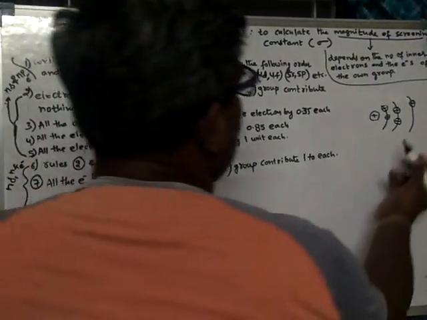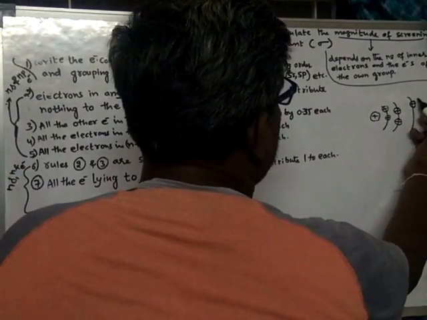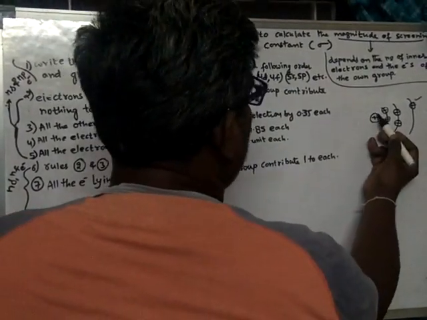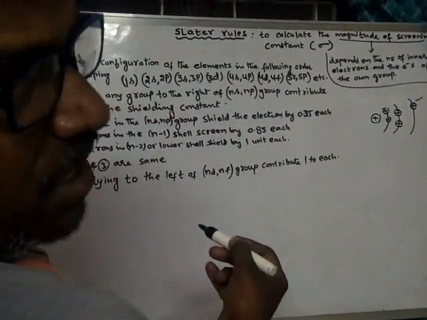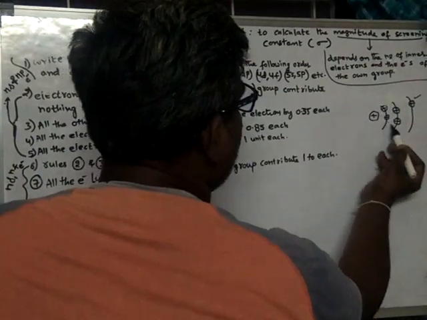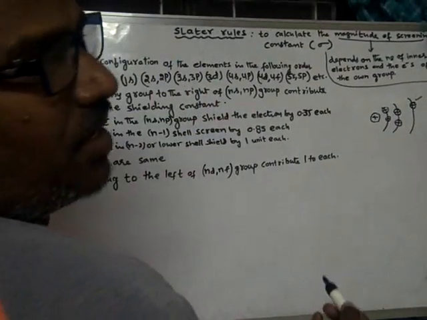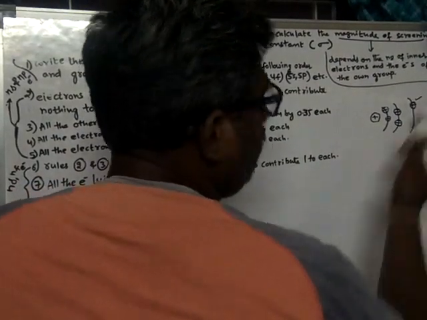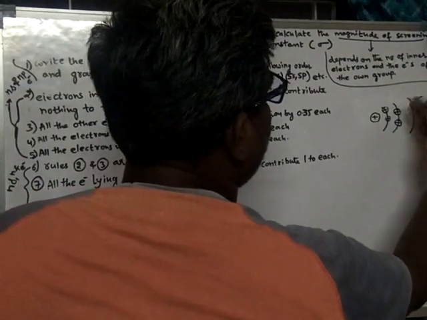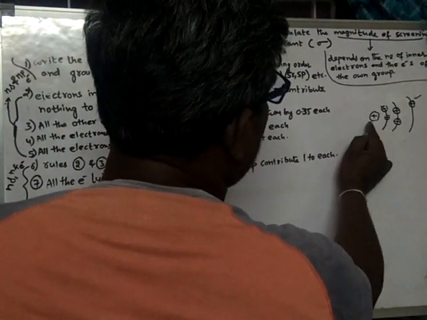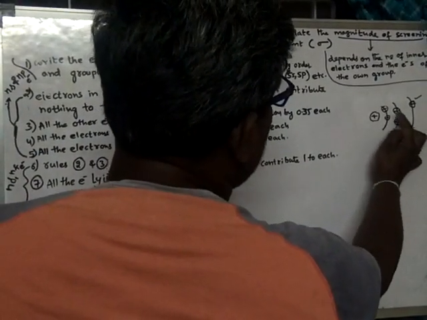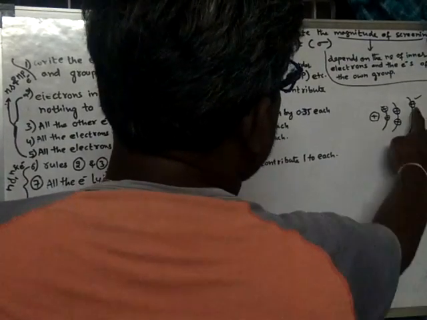If you consider this electron, there will be a force of attraction between the nucleus and this electron. At the same time, the electrons present in the inner shells repel this electron and push it away. So two types of forces are acting on this electron: one is nuclear pull, and the other is that these electrons push away this electron.